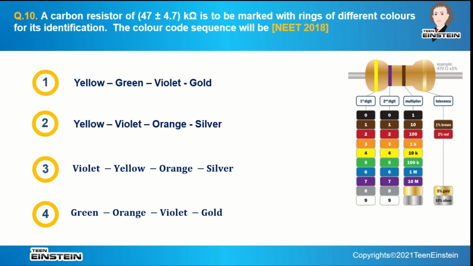Here, it is 47 plus or minus 4.7 into 10 power 3 ohms. The color code for 4 is yellow, the first digit. And 7 is violet, the second digit.